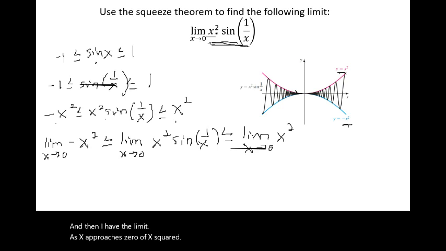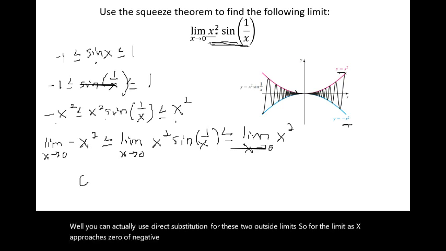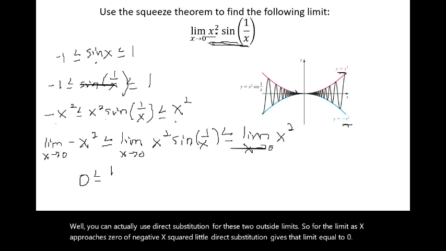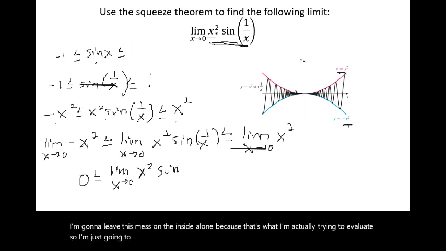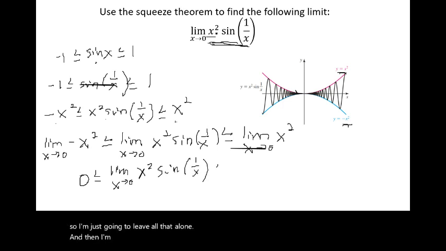Well, you can actually use direct substitution for these two outside limits. So for the limit as x approaches 0 of negative x squared, direct substitution gives that limit equal to 0. I'm going to leave this mess on the inside alone because that's what I'm actually trying to evaluate. And then I'm going to use direct substitution on this limit over here.